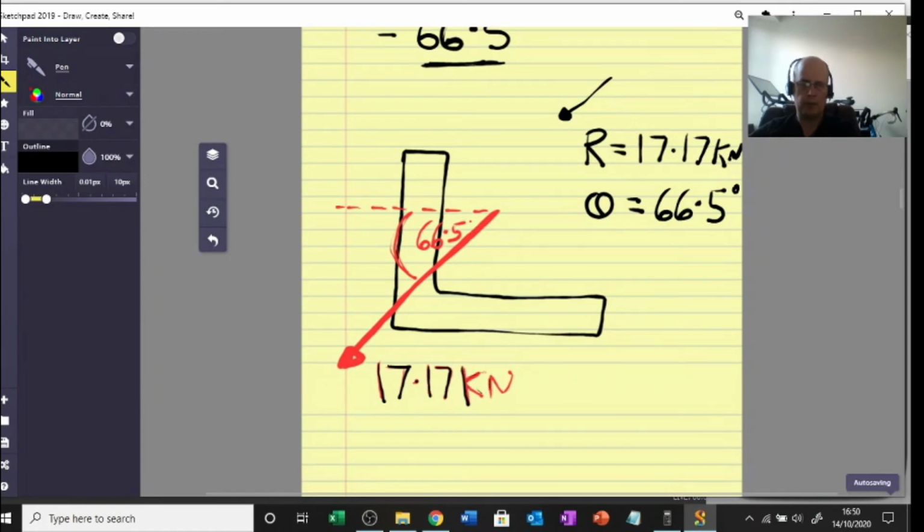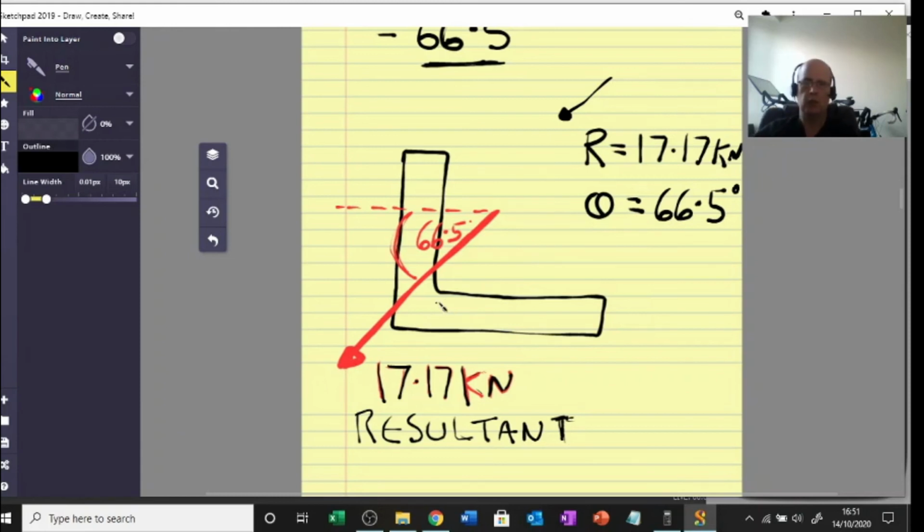So that is working out the resultant force, which is this. You could label that the resultant force: a resultant force of 17.17 kilonewtons at an angle of 66.5 degrees from the horizontal, going down that way, southwest I suppose you'd call it.